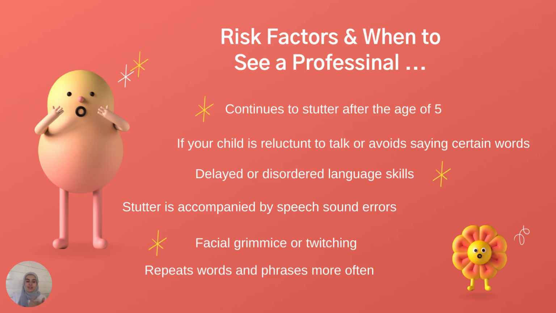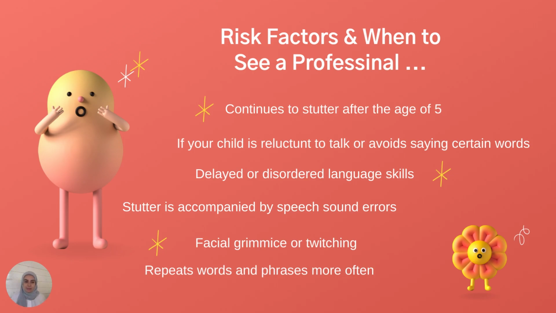And if he starts repeating the words and phrases more often. So let's say your child starts with a simple stutter, repeats the word a few times, and then moves on fluently. If you see that with time, the number of repetitions is increasing, then that is a sign that your child's fluency is not developing and he will require intervention.